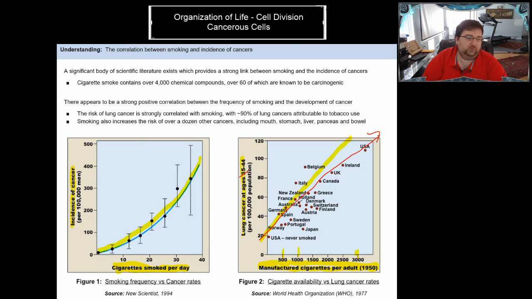There are numerous studies that highlight the correlation of lung cancer with smoking, with roughly 90% of lung cancers being attributed to tobacco use. And some of the new research is going into e-cigarettes or vape pens and is trying to determine whether or not these vape pens also are carcinogenic.